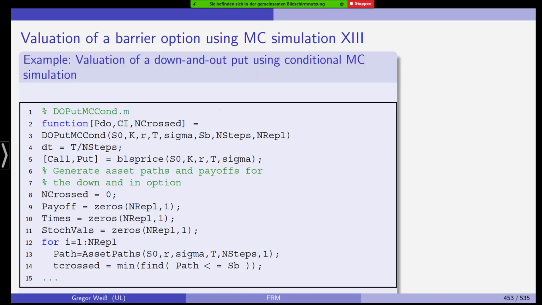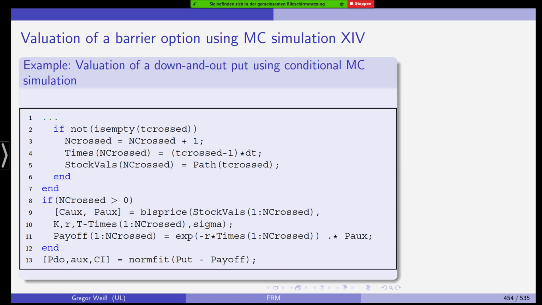So if we implement this for the conditional Monte Carlo simulation, we generate the paths, we look for the time t crossed, which is the minimum, and we need to find the point at which the path is smaller or equal than the barrier. This is the defining line here. This is where we check whether the product has been knocked in. If t crossed is empty, then nothing happens. If n crossed is larger than 0, well, then we take the Black-Scholes price.